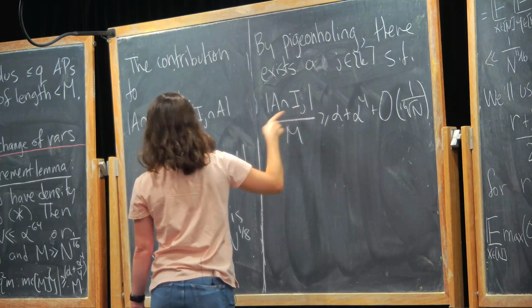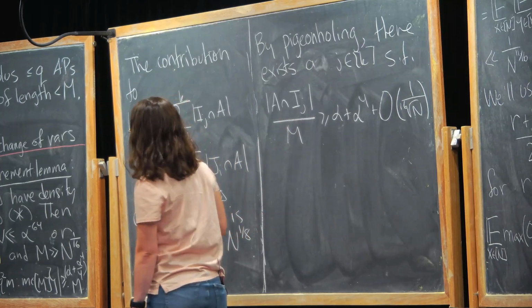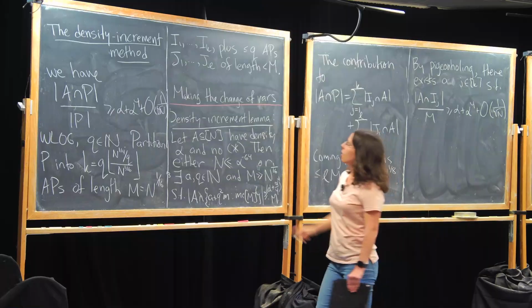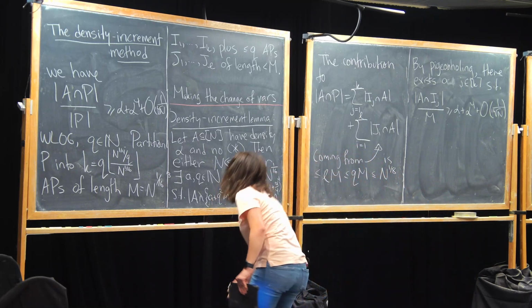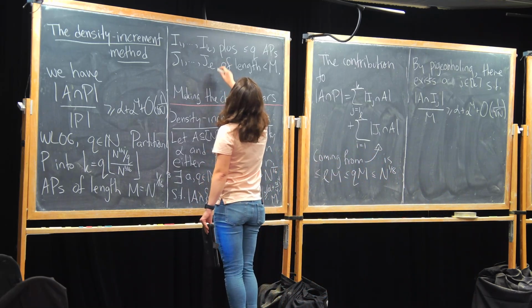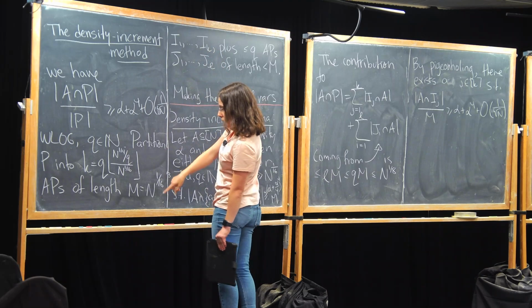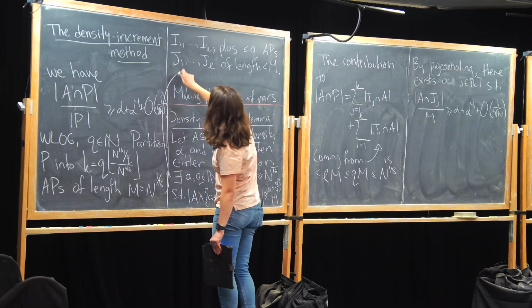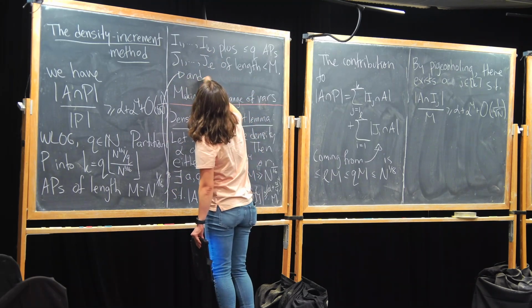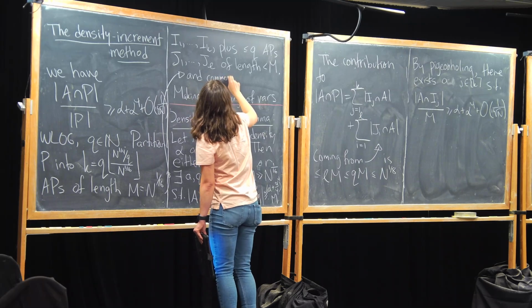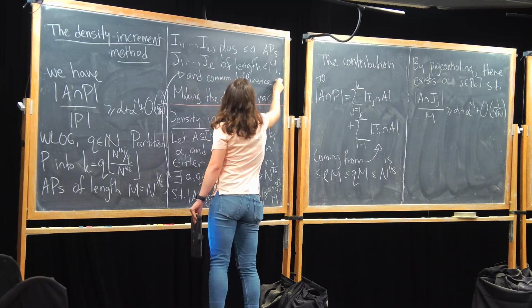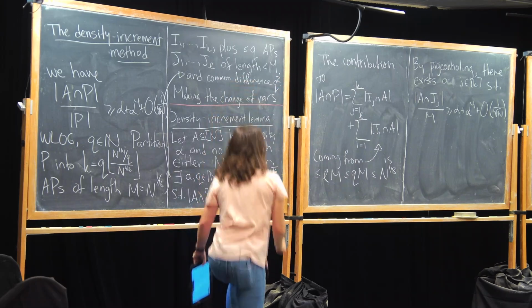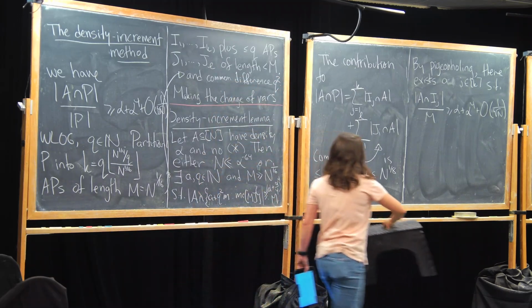Okay, so now, did I forget to write the most important thing, that these progressions have common difference Q squared. Okay. So now this is basically almost the statement we want.